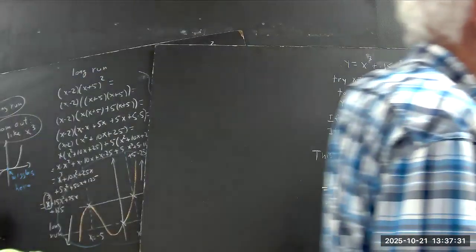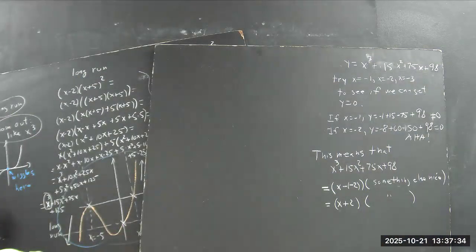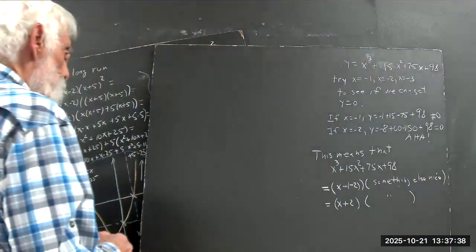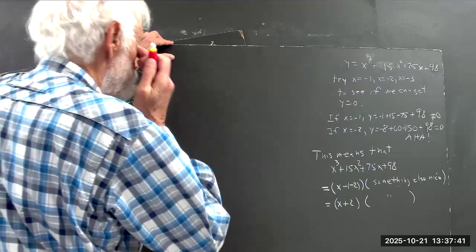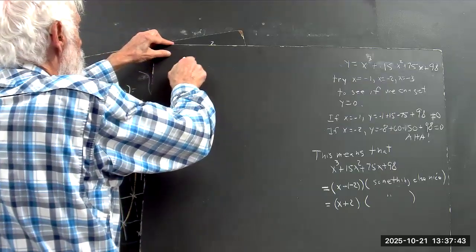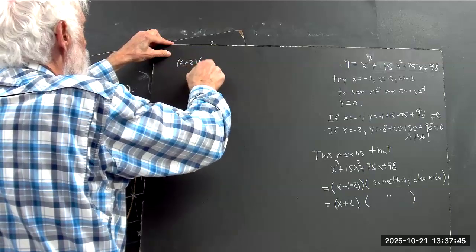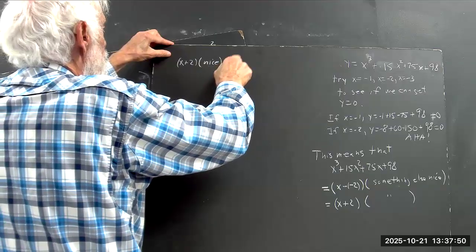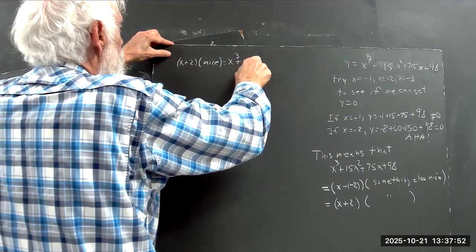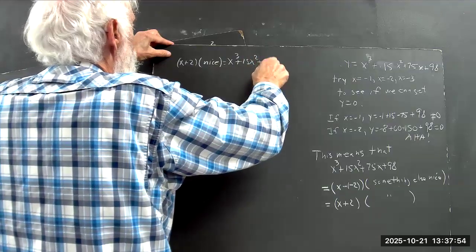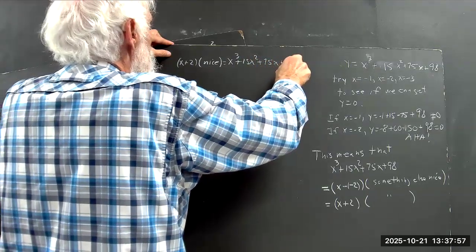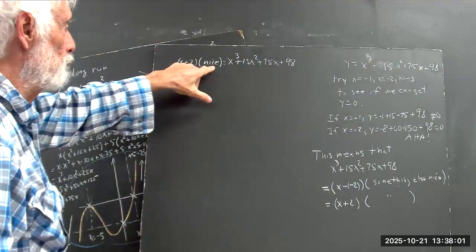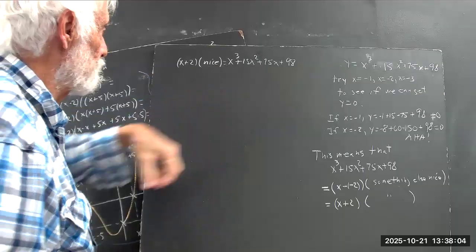Again, x plus 2 times that something nice has to equal this.